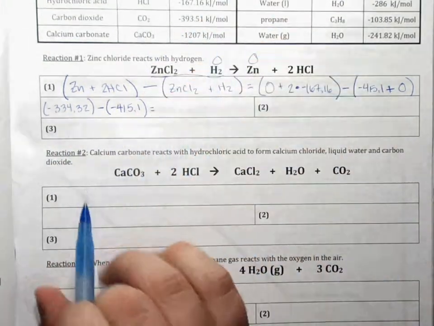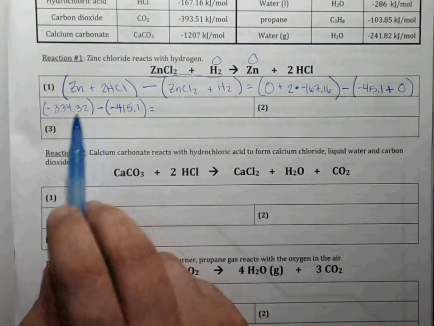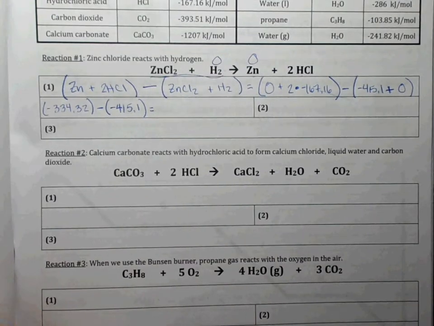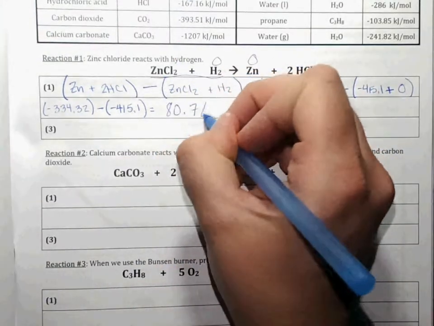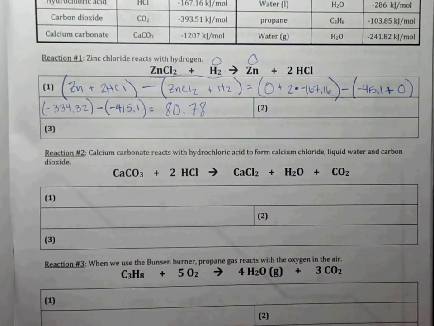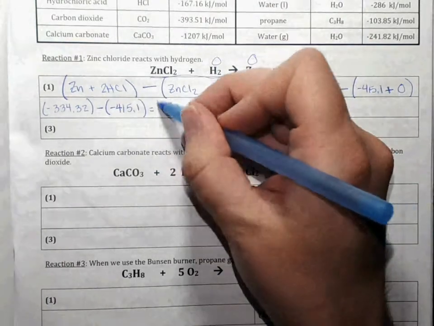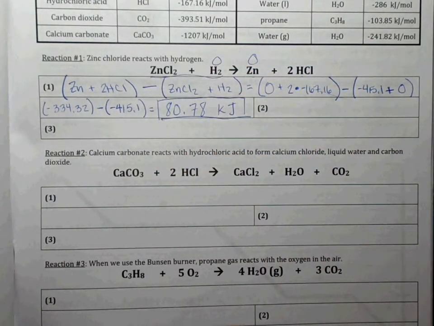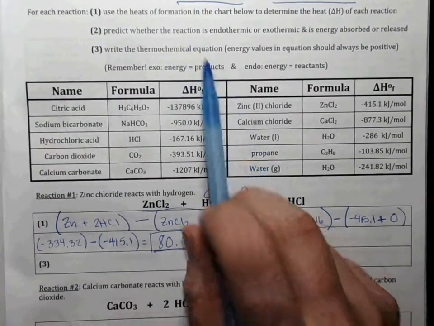If you skip one of the negatives in your calculator, you're not going to get the right answer. Negative 334.32 minus negative 415.1 comes out to 80.78. And we're going to be using units of kilojoules for this. So that was step 1. We just added and subtracted.